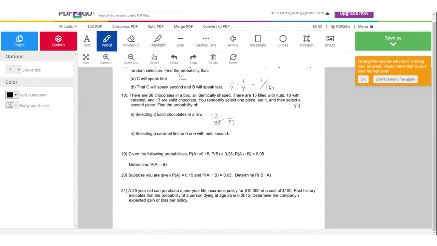So you ate a chocolate, so there's only 12 left. That's what they call conditional probability: the probability of B given that A has occurred, because A happened and it affected B.